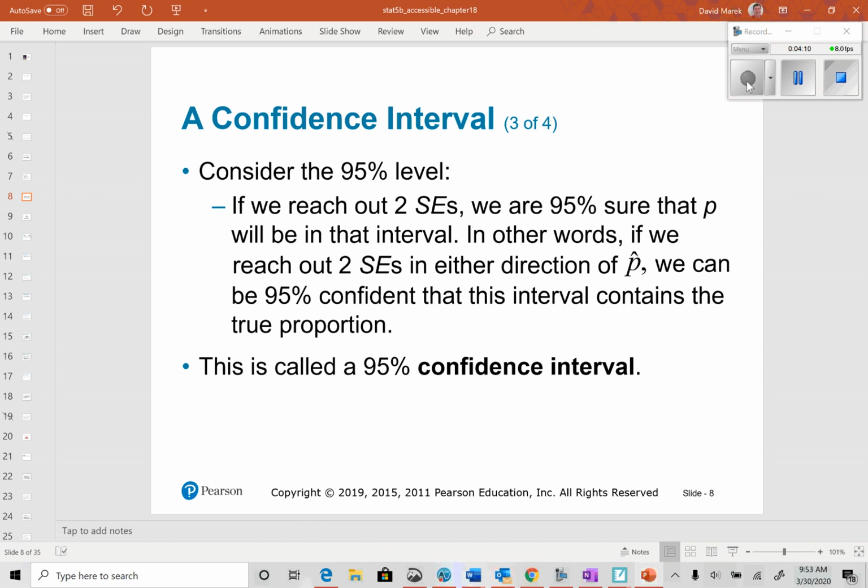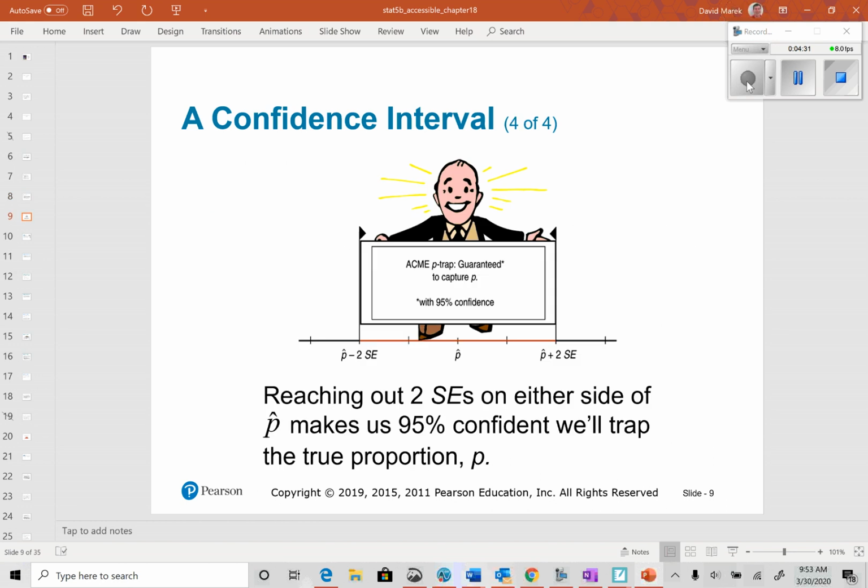So if we go two standard errors in either direction of P hat, the proportion that we found from our sample, we can be 95% confident that that interval contains that true yet still unknown proportion. That's what we call a confidence interval. We're 95% confident that the true proportion is going to be somewhere between those two values. That's a confidence interval.